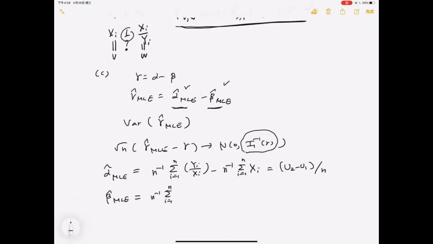This is x bar, which becomes U1 divided by N.